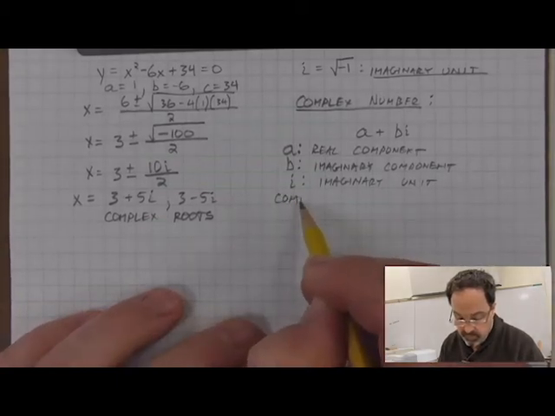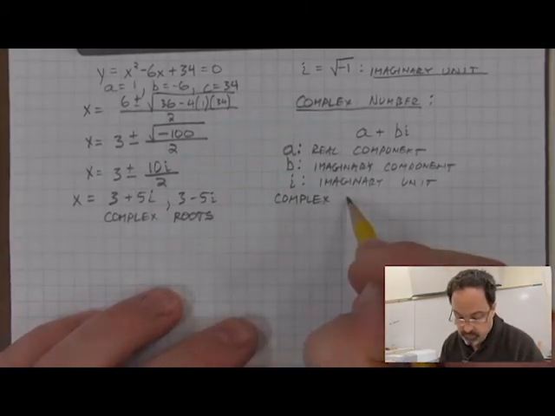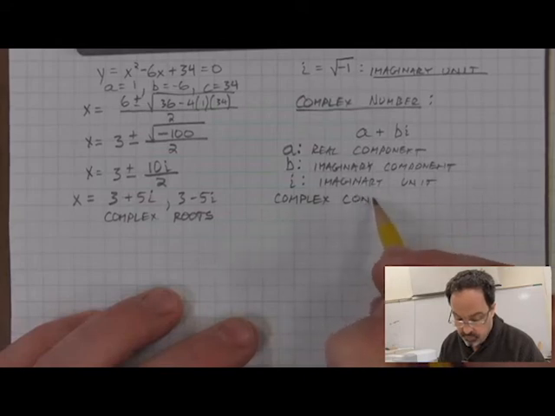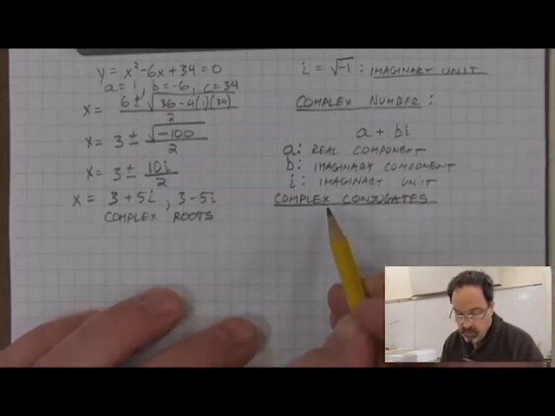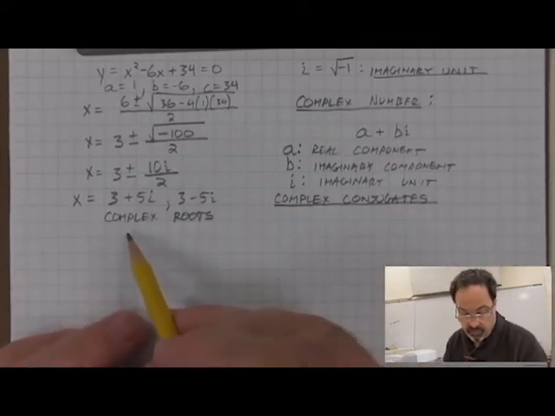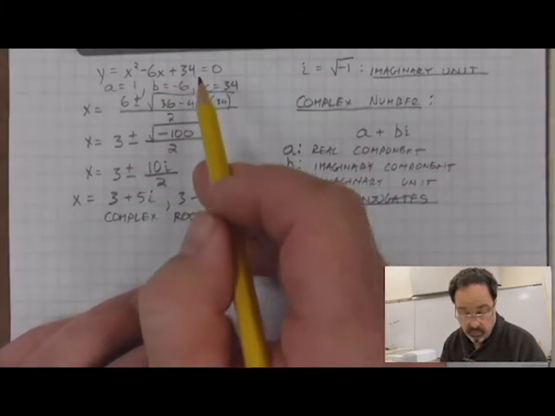And complex conjugates have a couple of properties. Complex conjugates come in pairs as complex roots to some equations.